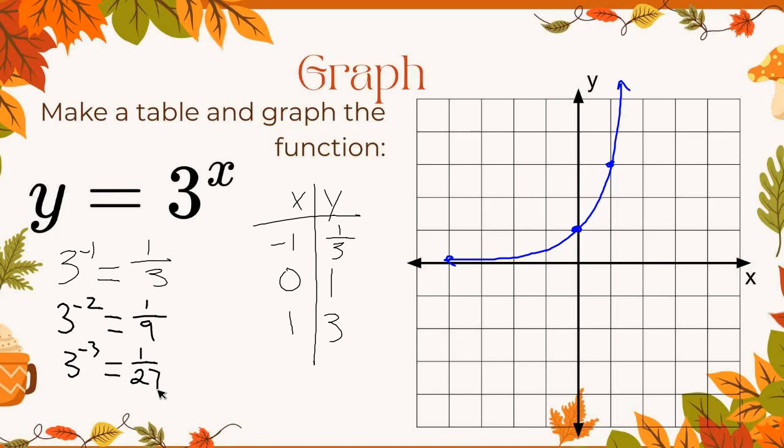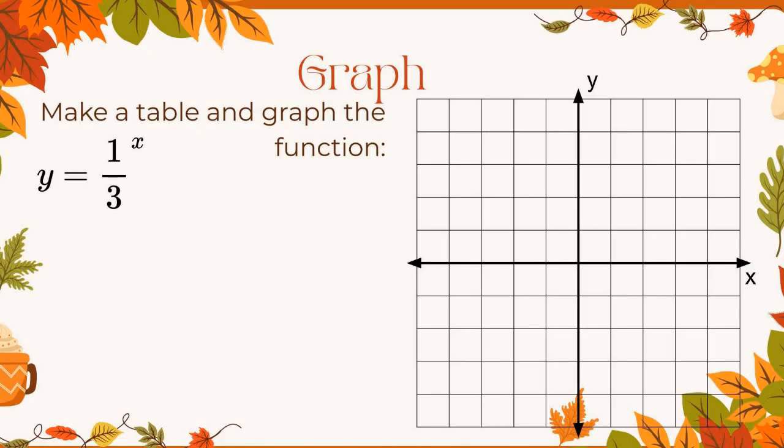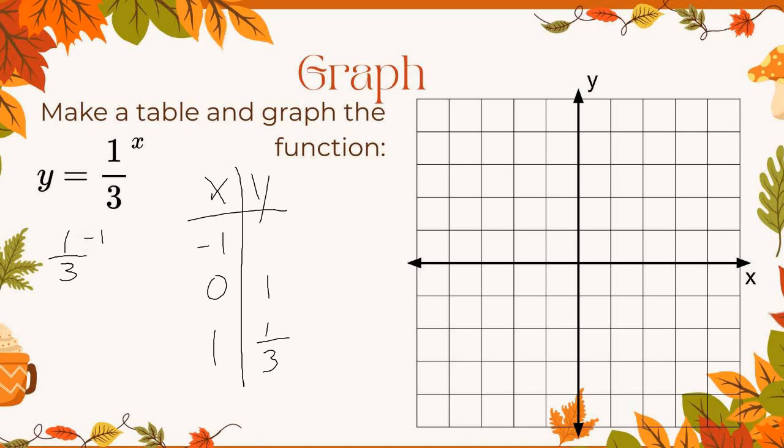So let's look at one with a small base, like 1/3 instead. So again, our three numbers that we want to plug in are -1, 0, and 1. So I still get 1 when I plug in 0. This time my base is 1/3, so I get 1/3 when we plug in 1. But now when we put a negative in our exponent, if I already have a fraction, what's that going to do to it?